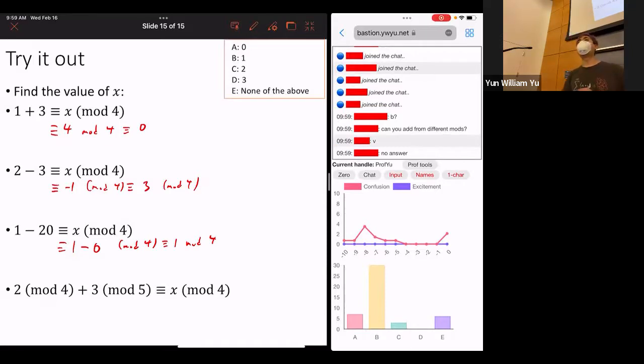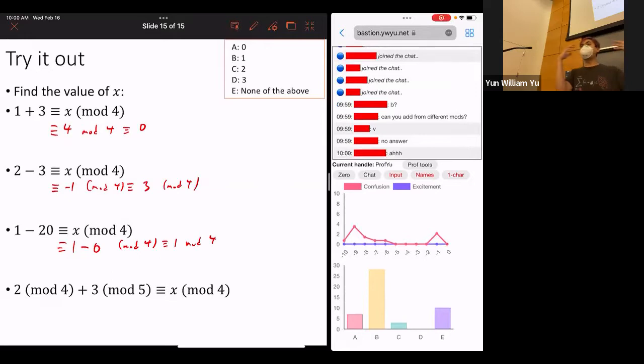Yeah, so this was a trick question. There's no answer. You can't add because they're not the same kinds of numbers. They're completely different number circles. We've labeled them with the same kinds of labels, but they really don't mean the same thing. A 4 in mod 4 arithmetic and a 4 in mod 5 arithmetic don't mean the same thing at all. And so for that reason, there is no answer to this.